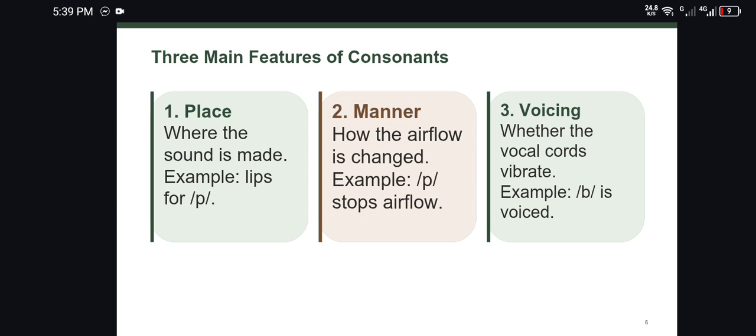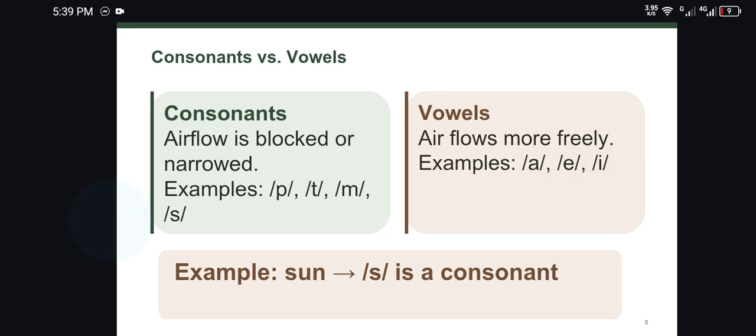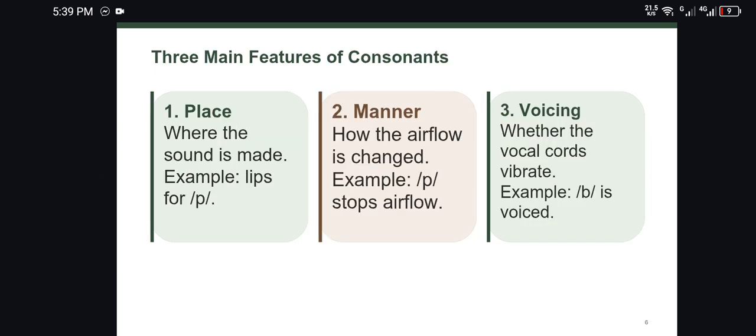For example, P stops the airflow from our mouth; if we pronounce the letter P, it stops after the pronunciation of the sound. Third one is voicing, whether the vocal cords vibrate. Letter B is the best example for voicing.